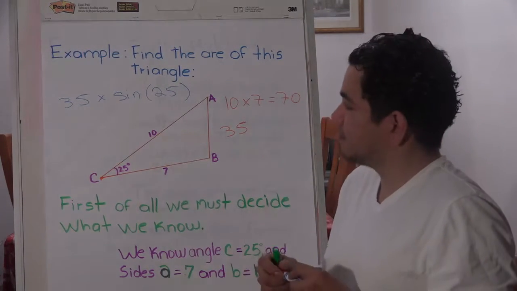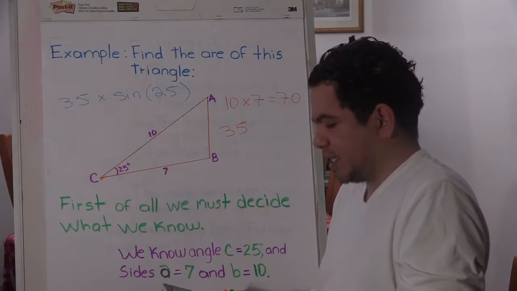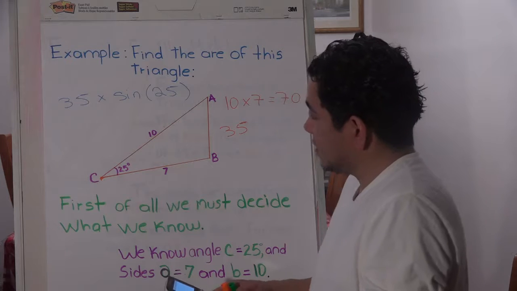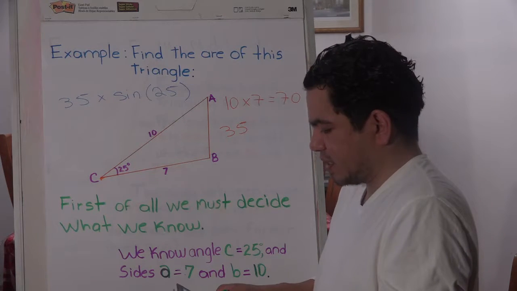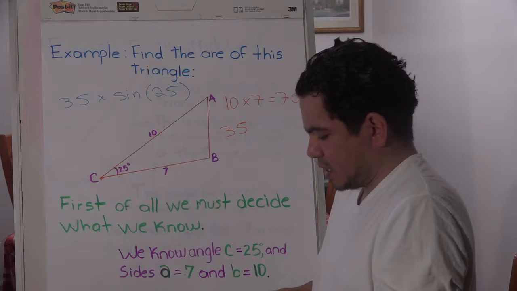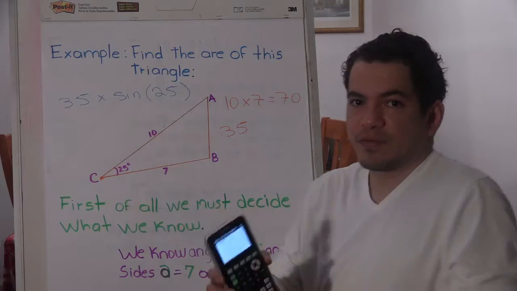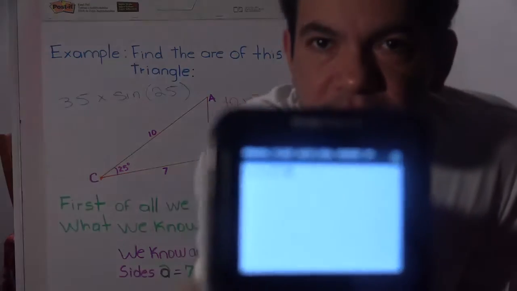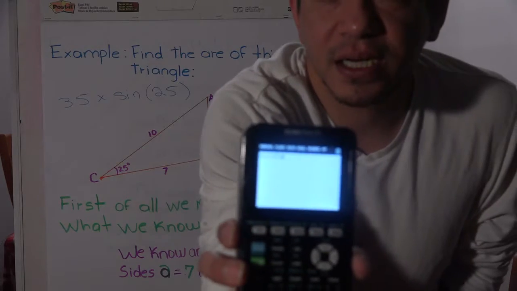I hope it's good. Okay then, so get to work. So let's see now. The sine of 25. Make sure that the calculator is in degrees. Okay, it is in degrees. And then the sine of 25 degrees. You see this right here? Hopefully you see it right there.